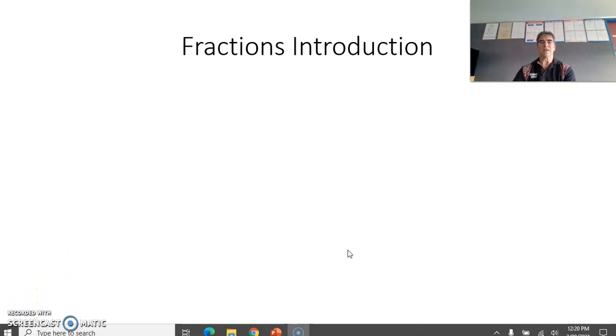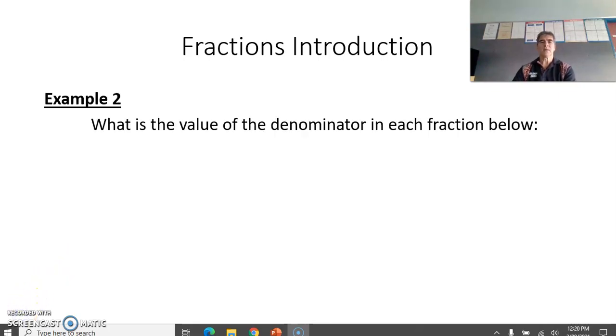So let's have a look at a second example. So we're going to have a look now at the denominator. So what is the value of the denominator in each fraction below? So let's have a look at those same 3 fractions we did a moment ago. So we've got our 7/10, our 12/5, and our 3 2/8, and we want the denominator of each, which is the one down the bottom.